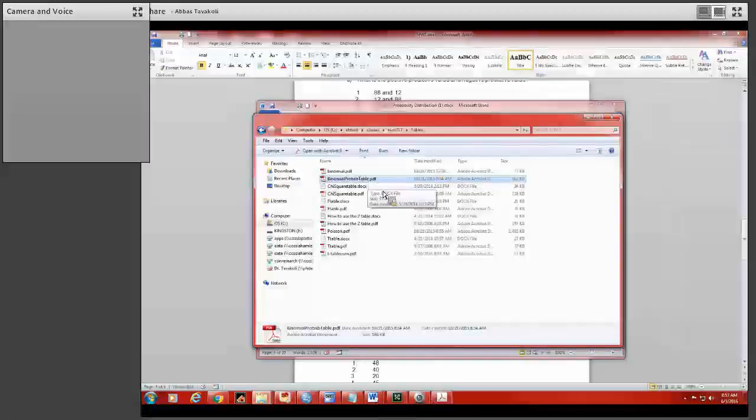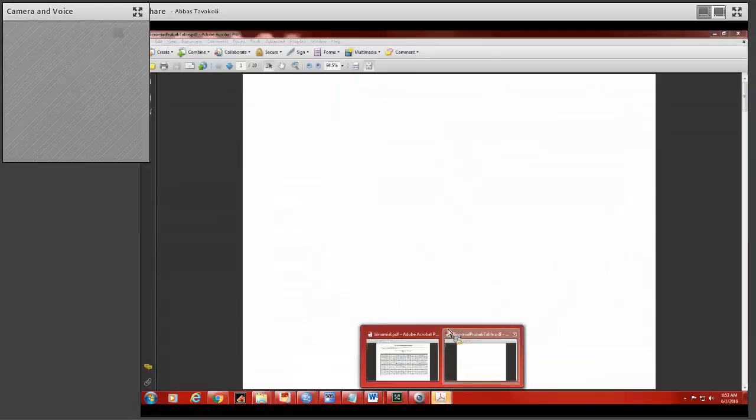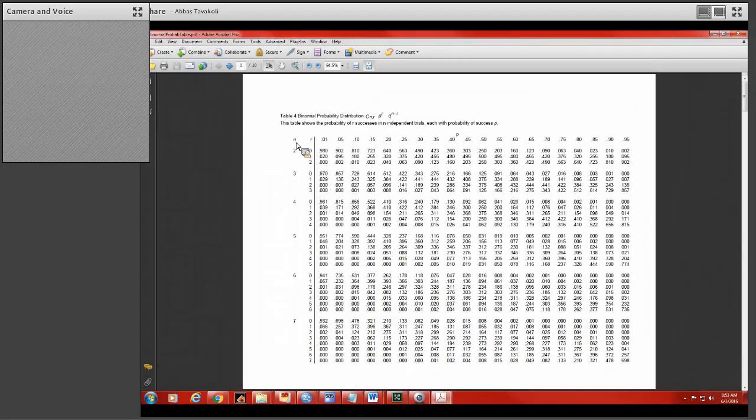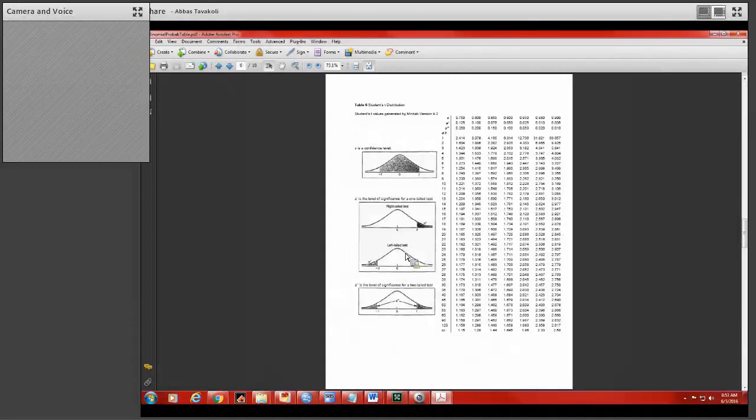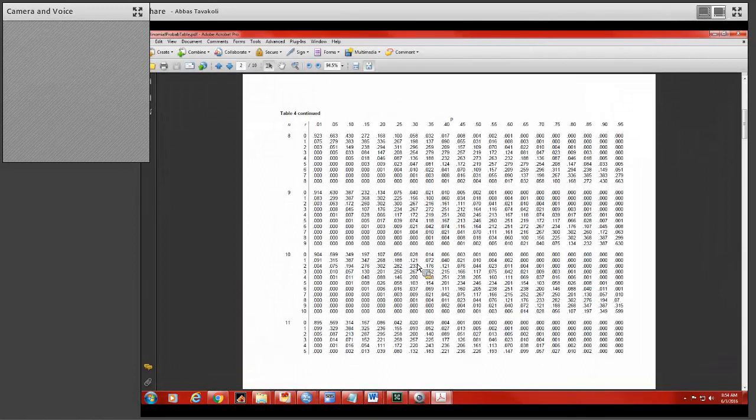So you have two choices, and the other option is using the tables. So looking at the binomial table, remember there are different tables you can use. Let me show you a couple of these tables. One of these tables shows the n, and these are the p, and these are x or r, call it.